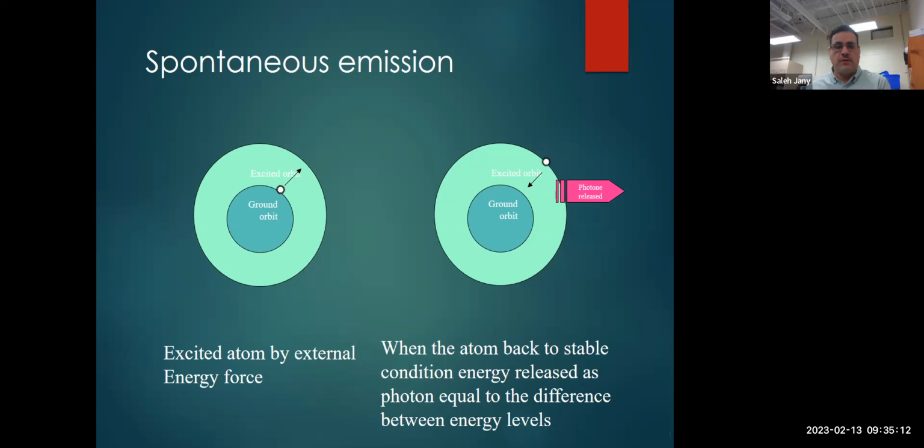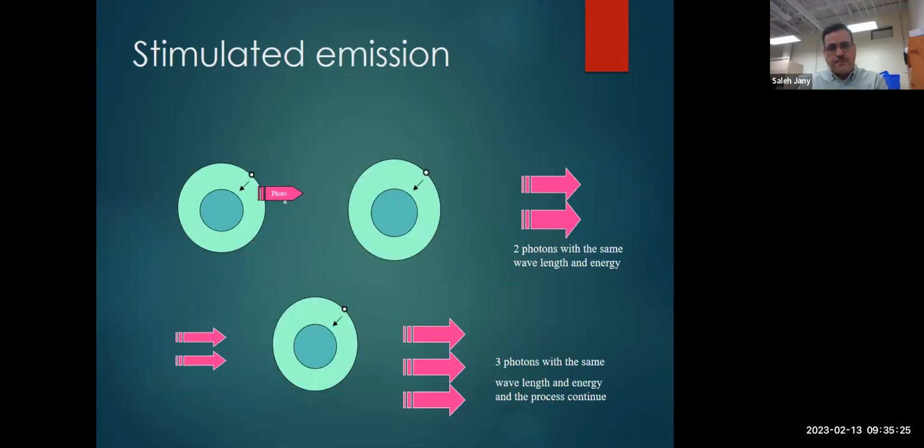That happens with normal light. If you stimulate a metal by heating it, it will glow, but it will emit normal light. So the theory of laser, you stimulate it.